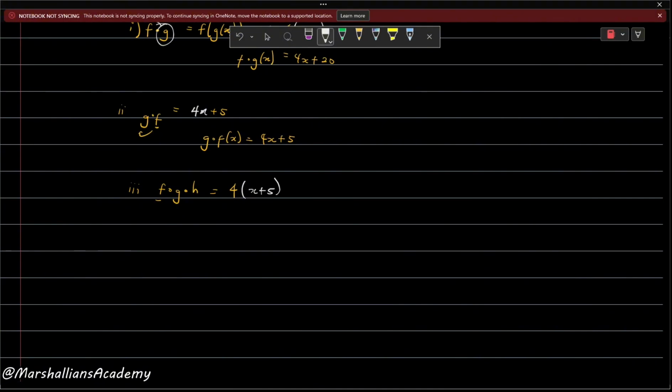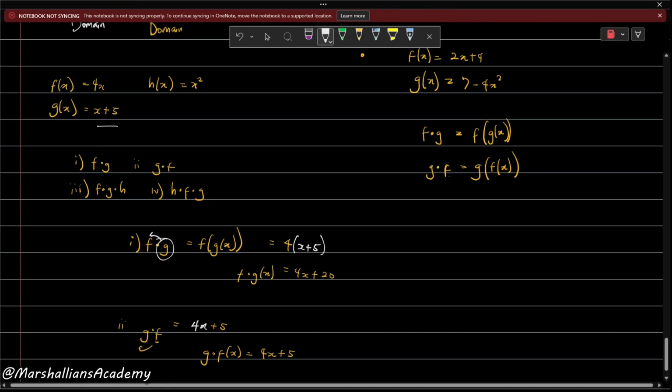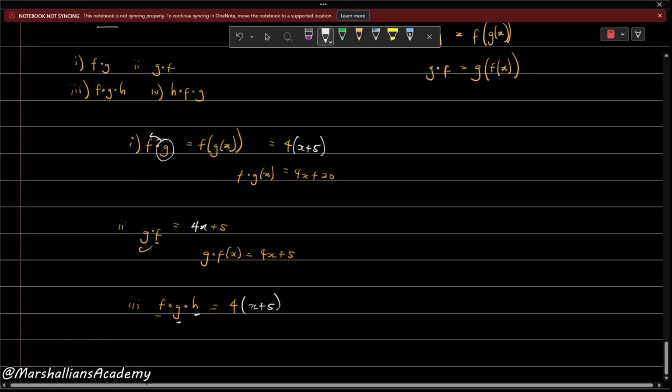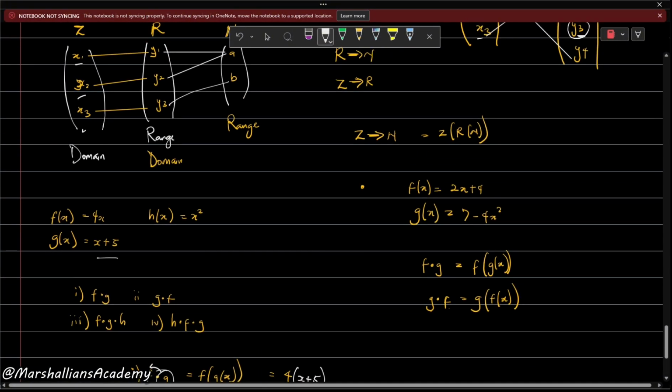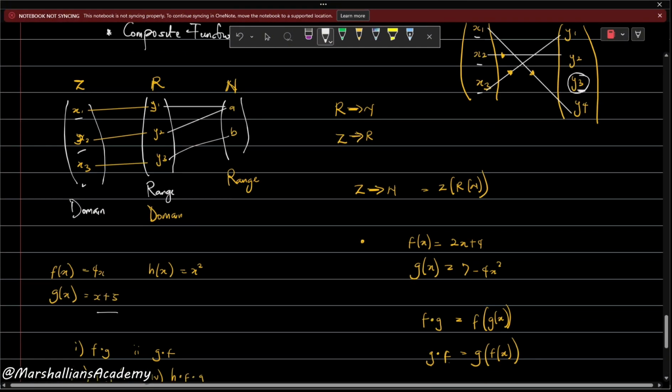But that's not all. There is an h function inside this g. So we are going to be putting inside the g's function, anywhere we see x, any single place we see x inside g's function, we're going to be replacing it with h function. It means I'm going to be removing this x. I'm going to be replacing it with h function, which is what? X squared. I'm going to put that in green.